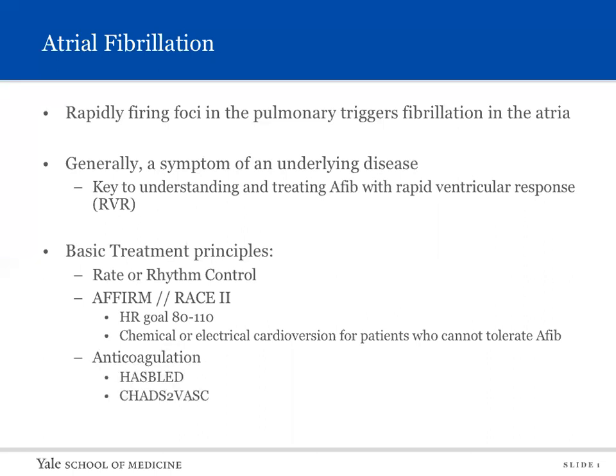And then in addition to rate and rhythm control, there's also anticoagulation to reduce the stroke risk. You generally use the HAS-BLED score to evaluate the risk of major bleeding and balance that with the risk of stroke or CVA in terms of their CHA2DS2-VASc risk.